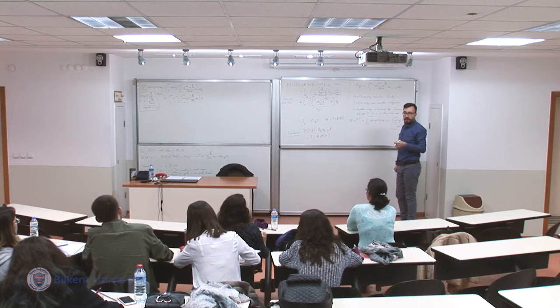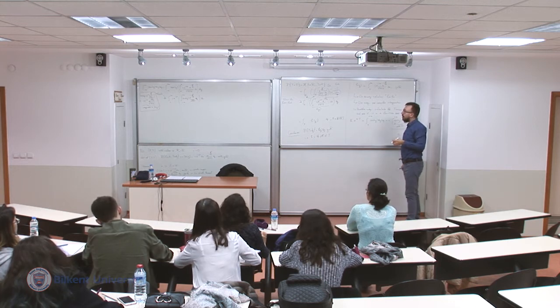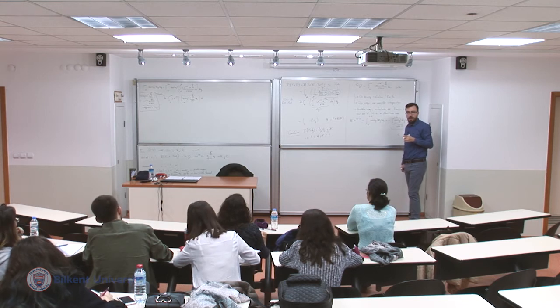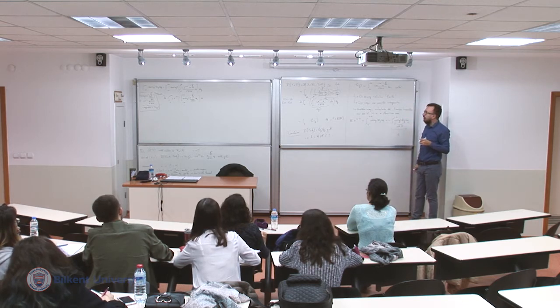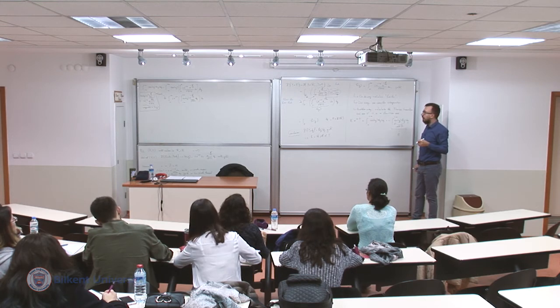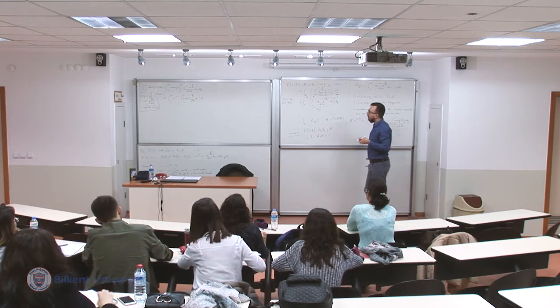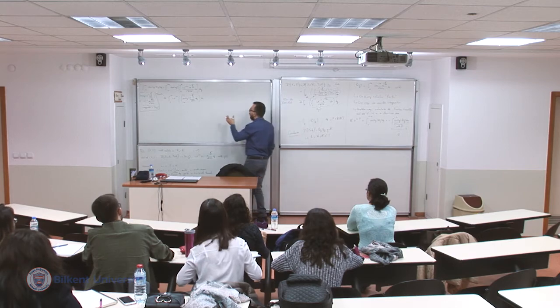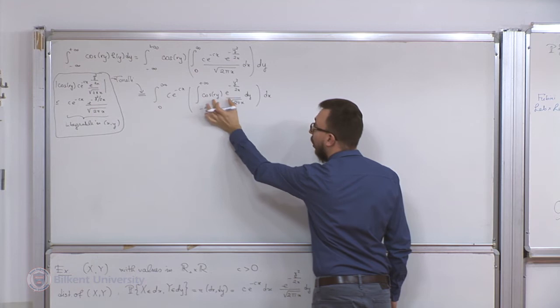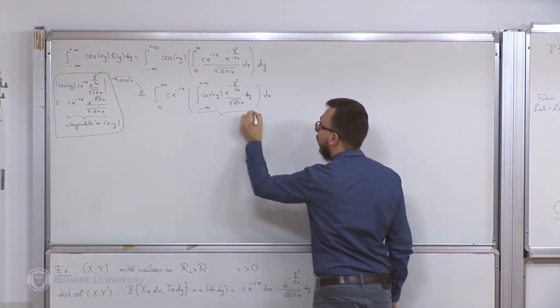Or have you seen this integral before? Cosine times the Gaussian density. Can you write it down as an expectation? Expectation about a Gaussian random variable. So if I want to see this part as the density, so this means this is my function of capital Y. Right?